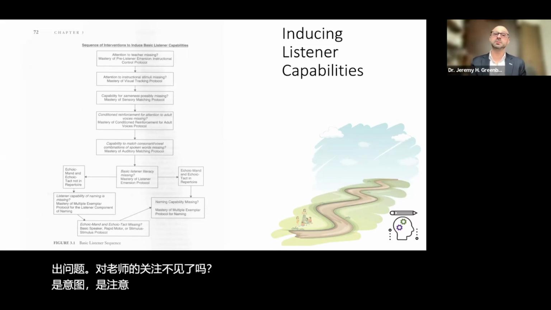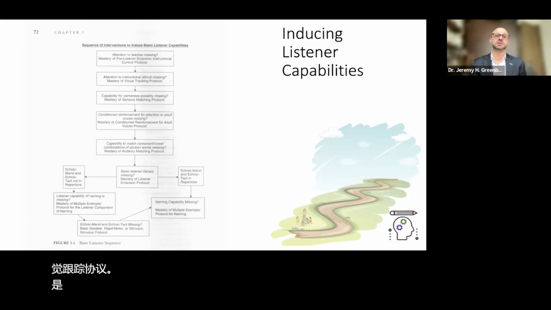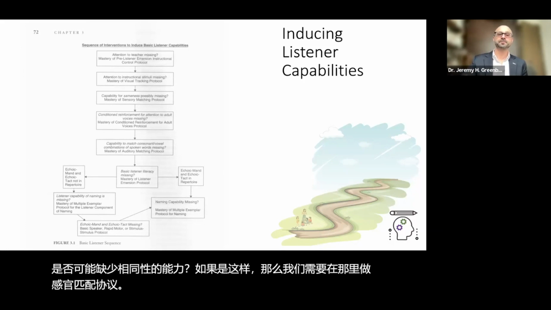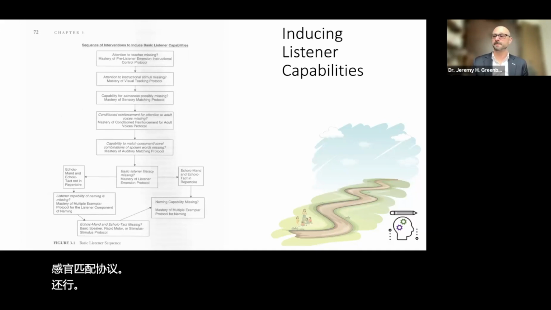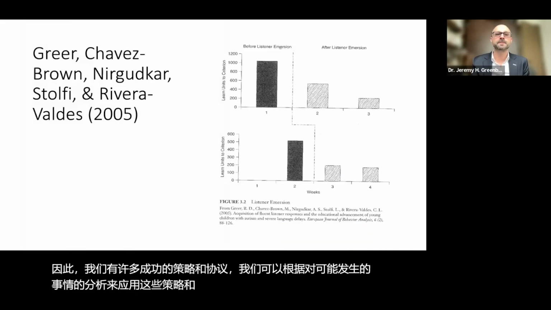And if it is, then we need to master the visual tracking protocol. Is the capability for sameness possibly missing? If so, then we need to do the sensory matching protocol there. Okay. So we've got a number of successful tactics and protocols that we can apply based on an analysis of what might be missing in a student's repertoire.